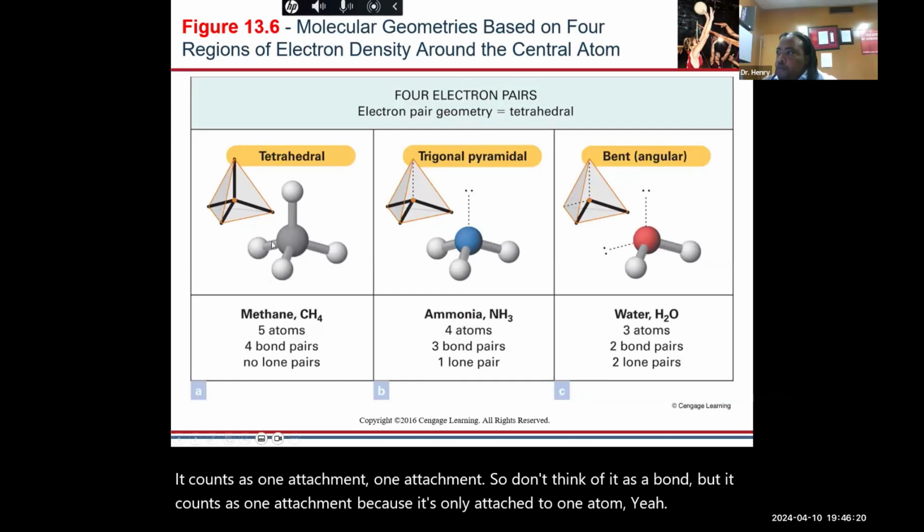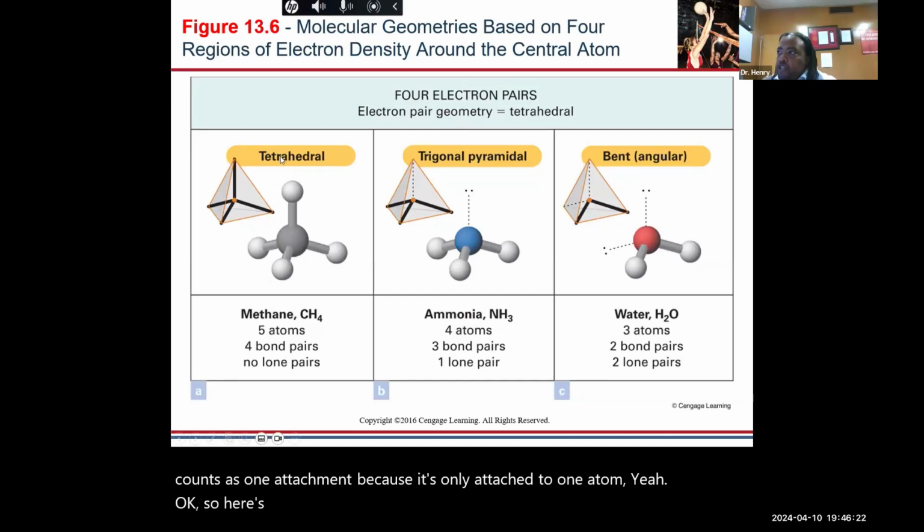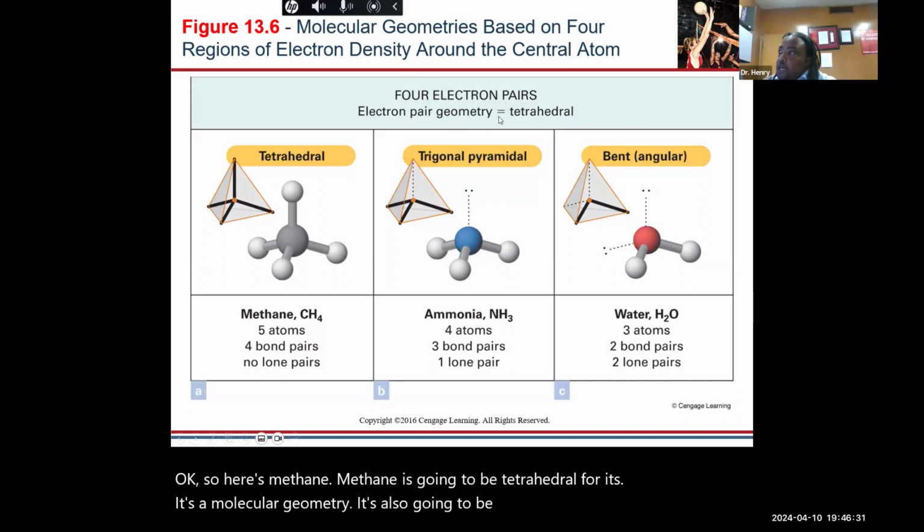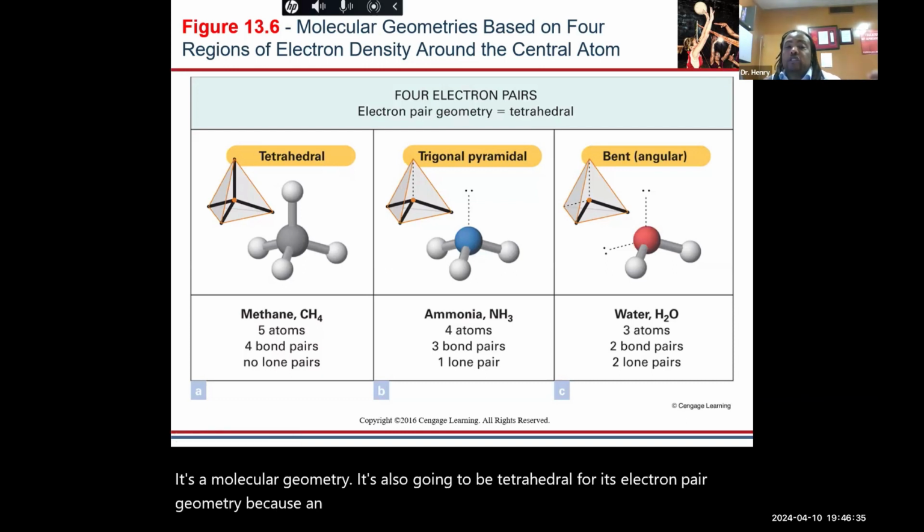Okay. So here's methane. Methane is going to be tetrahedral for its molecular geometry. It's also going to be tetrahedral for its electron pair geometry because in the electron pair geometry, we take into consideration lone pairs. Okay.